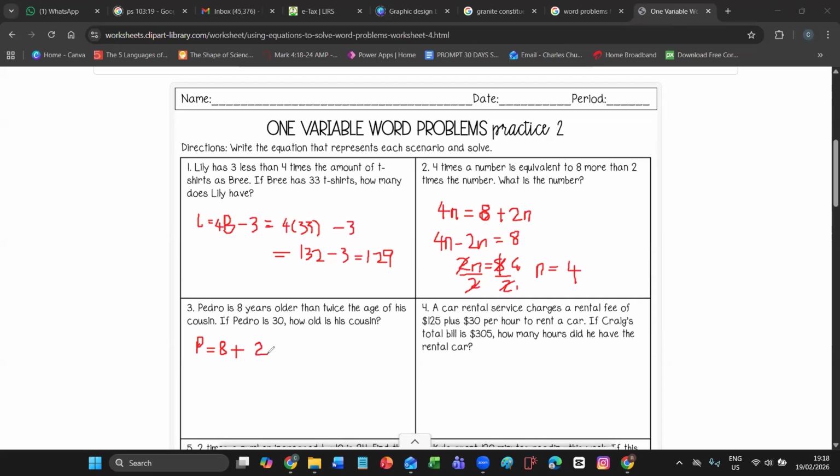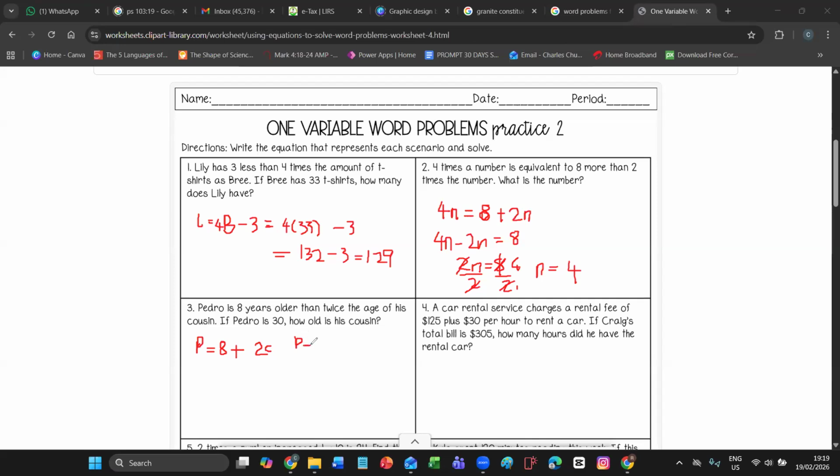So that's going to be 8 years older than twice the age of his cousin. They did not tell us the name of his cousin, so let's just say 2C. We use C to represent the cousin's age. So twice the age of his cousin. They now told us that if Pedro is 30 years old, how old is his cousin? In other words, they're telling us that P, remember, means equals to.